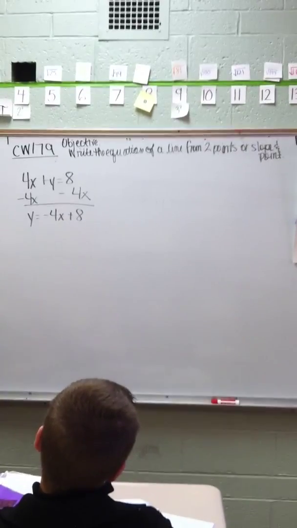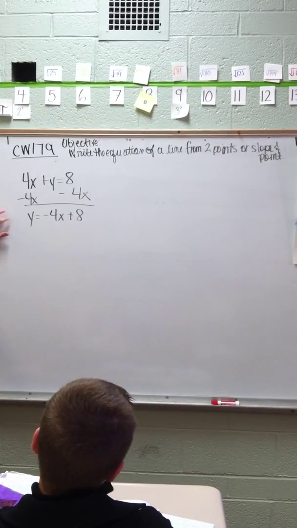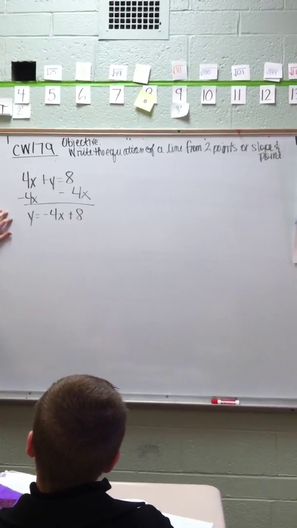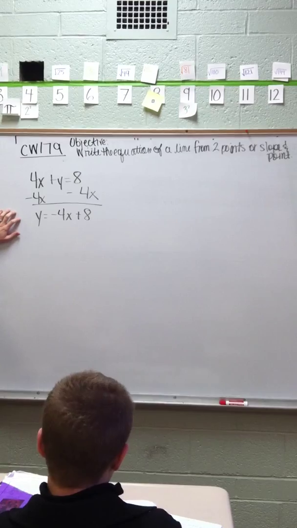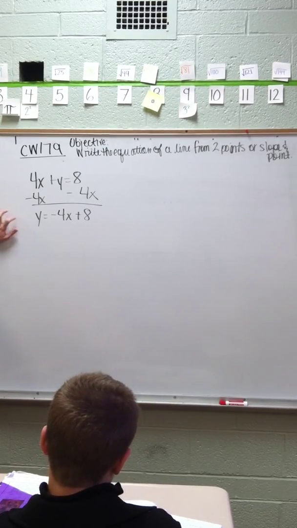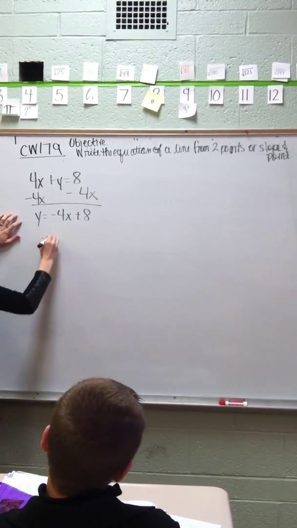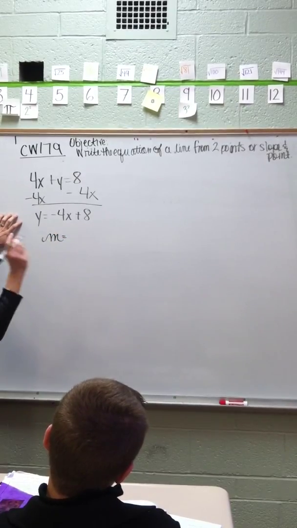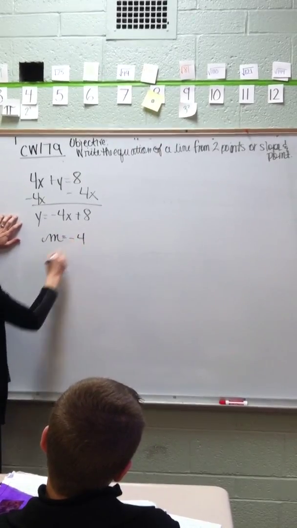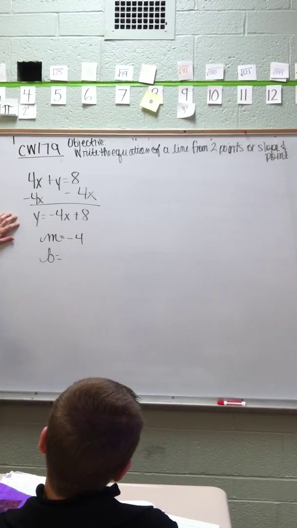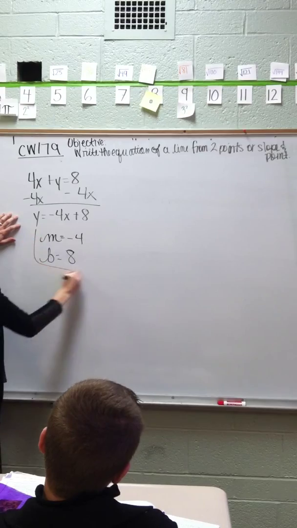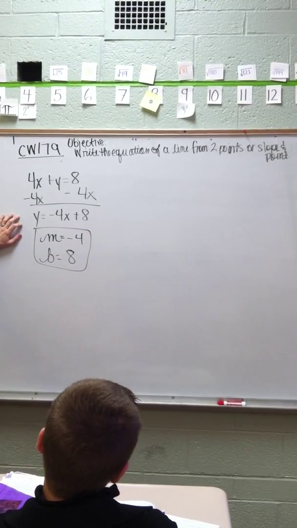What form do I now have this in? Aiden? Slope intercept form. What is the slope of my line here? Anthony? Negative 4. What is the y-intercept of my line here? Brandon? 8. These are your answers. Is everybody clear there?